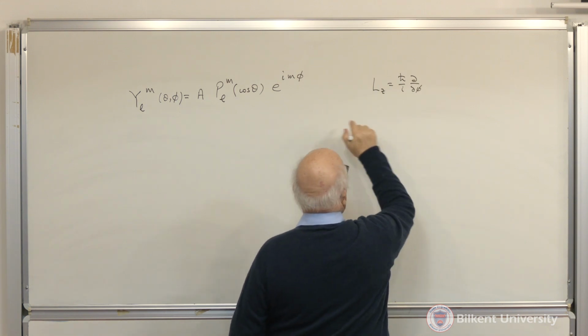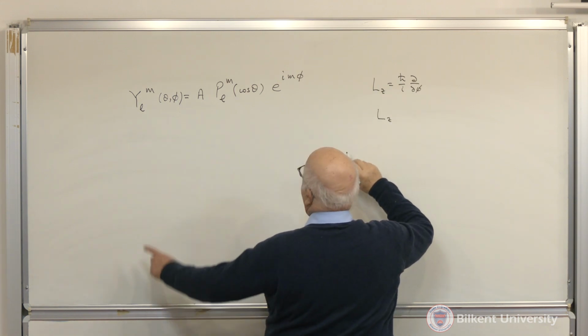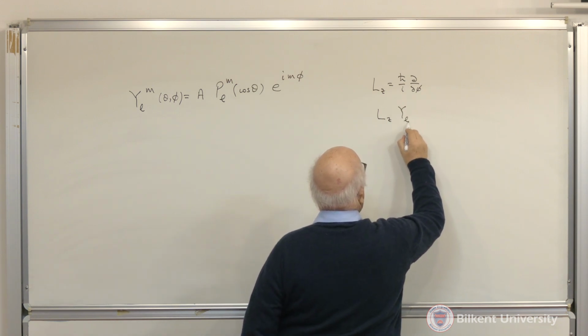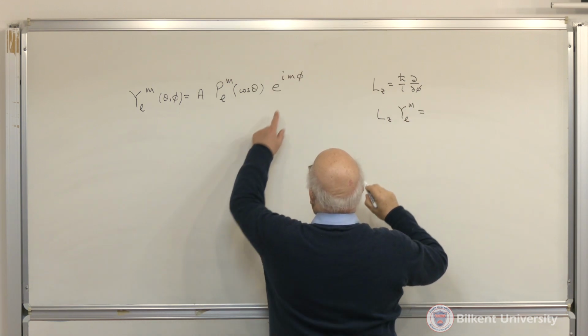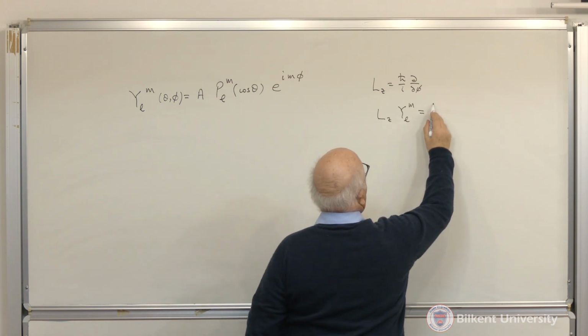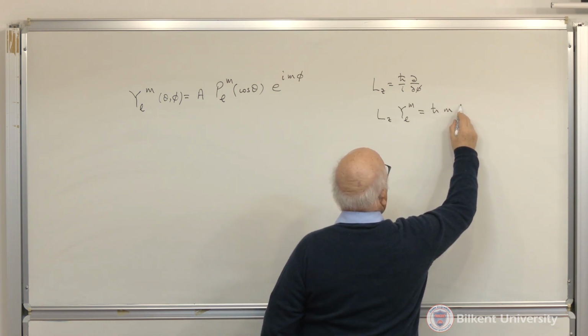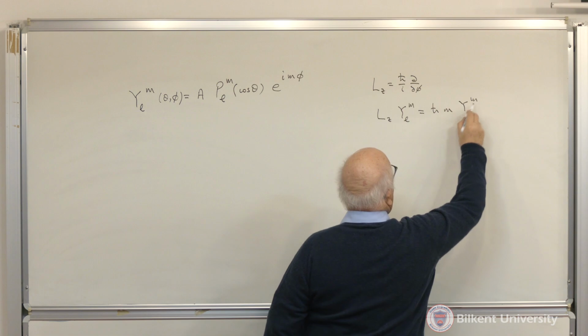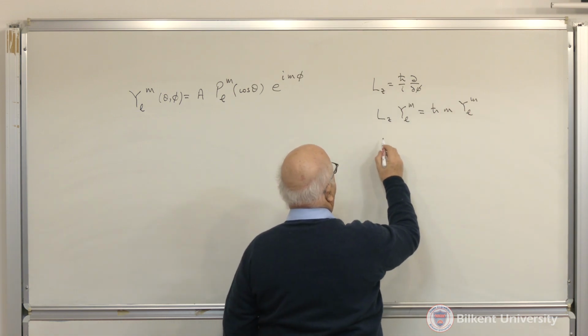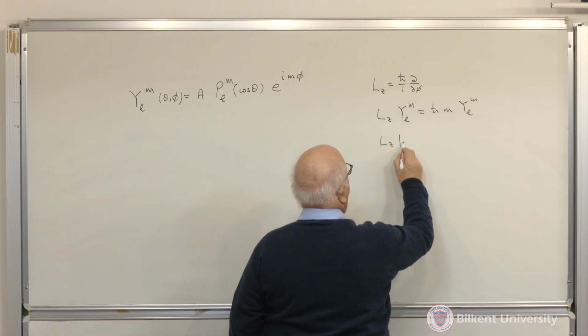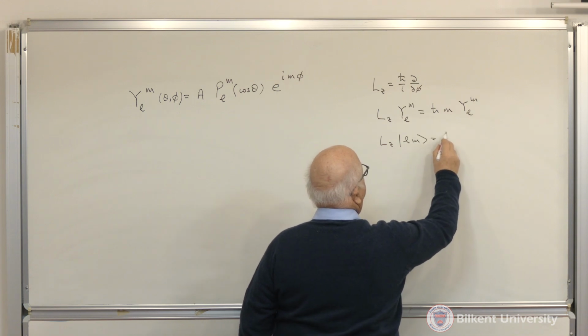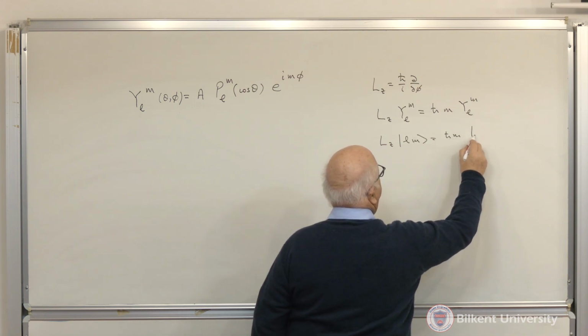So you can easily see that Lz operating on Y_lm is going to give me h bar m times Y_lm again. It's just saying that Lz operating on |l m> gives me h bar m times |l m>.